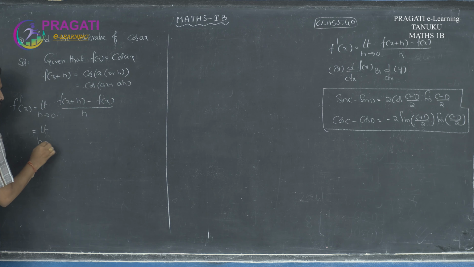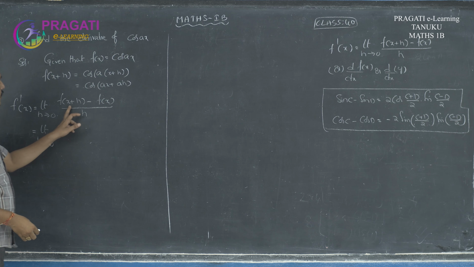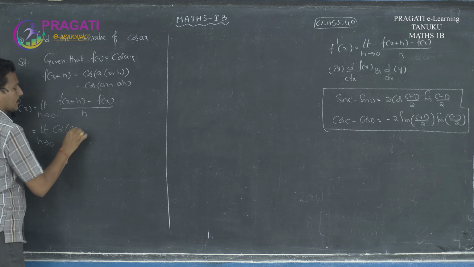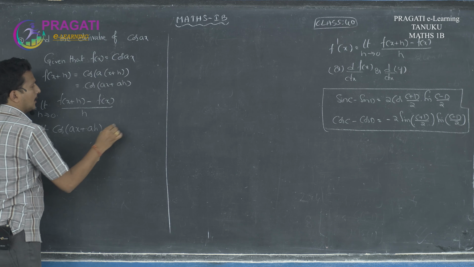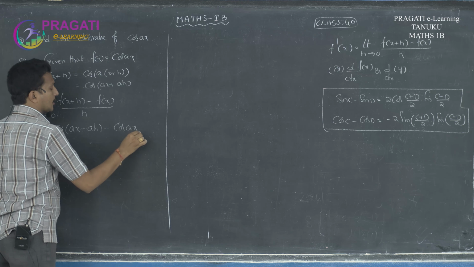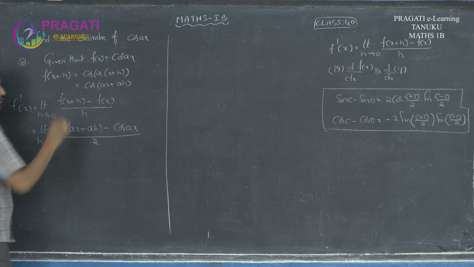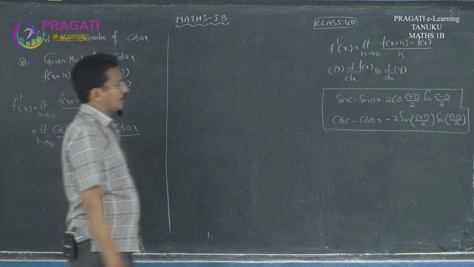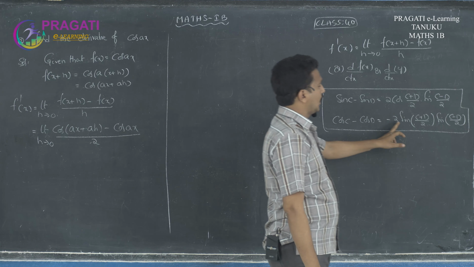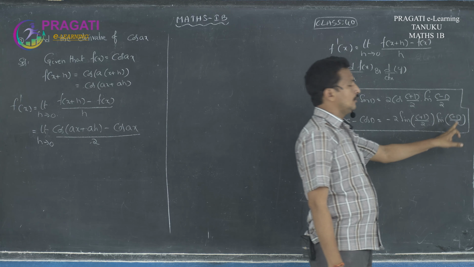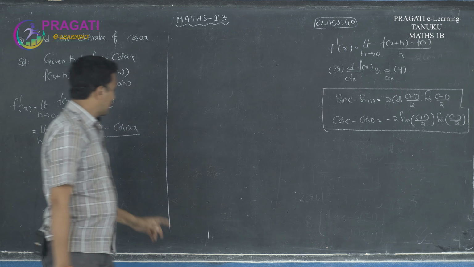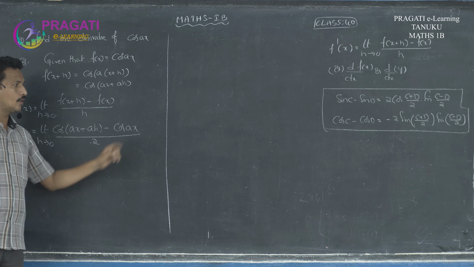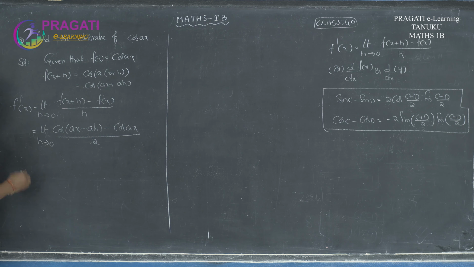Limit h tends to 0. What is f of x plus h here? f of x plus h means cos of (ax plus ah) minus cos ax, by h. It is of the form cos c minus cos d. Here the formula is minus 2 sin of (c plus d) by 2 into sin of (c minus d) by 2, where c is equal to ax plus ah and d is equal to ax. Right.